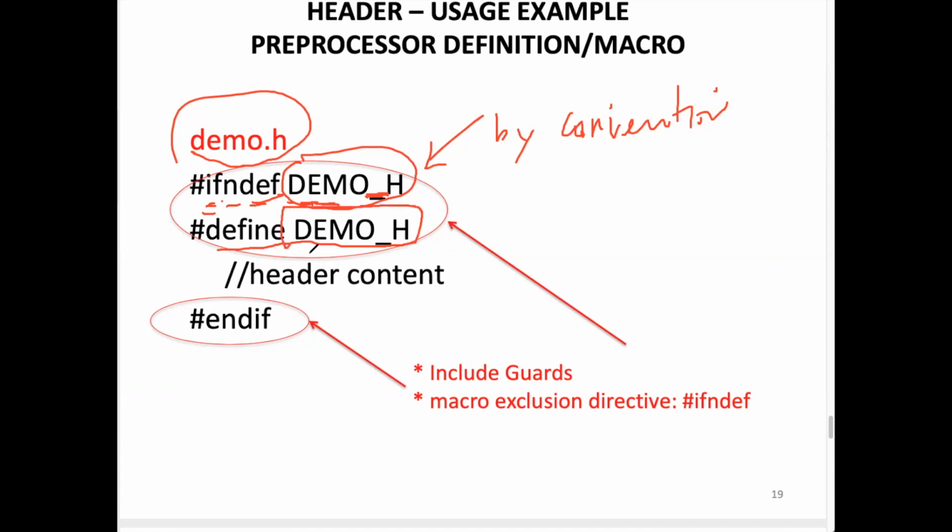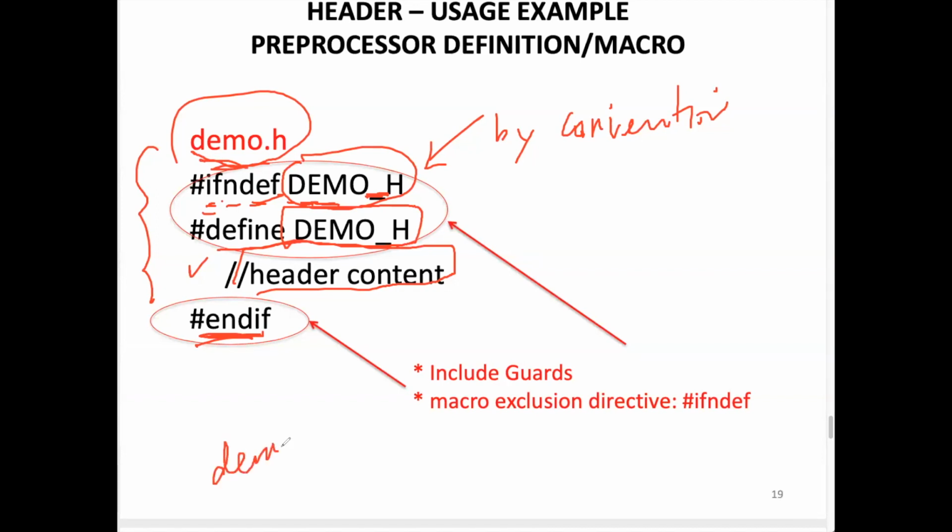Once you have it defined, your entire header content will be pulled in. So this is preprocessor definition. Again, there is no semicolon here. This allows your preprocessor to include your entire content assuming demo_h has not been set somewhere in the process. So this is happening in demo.h.